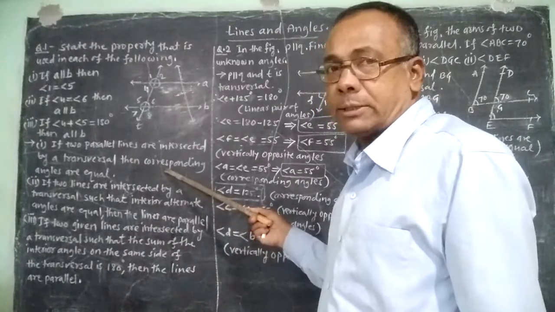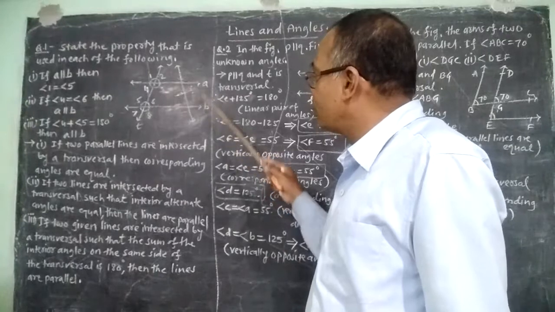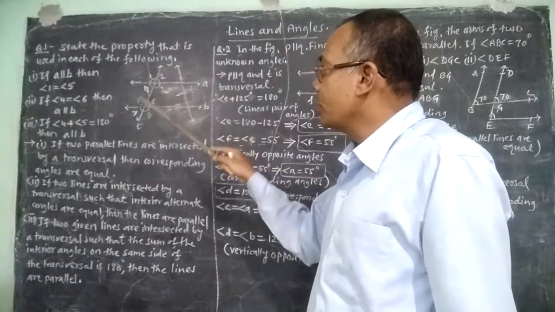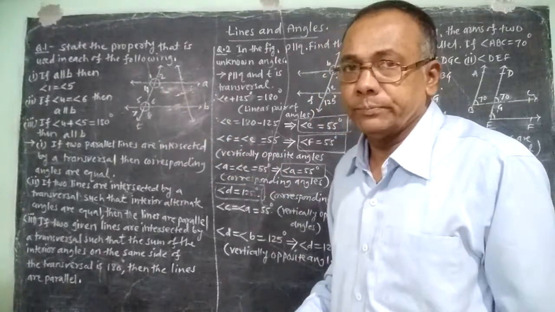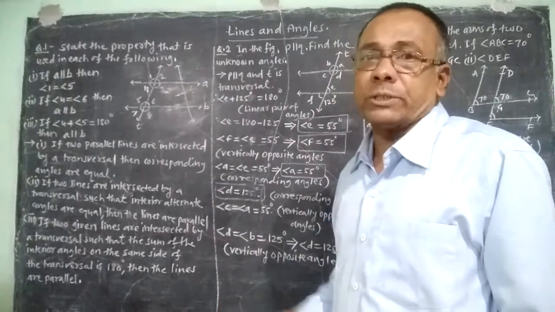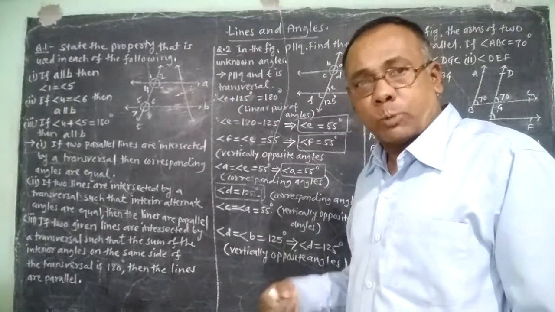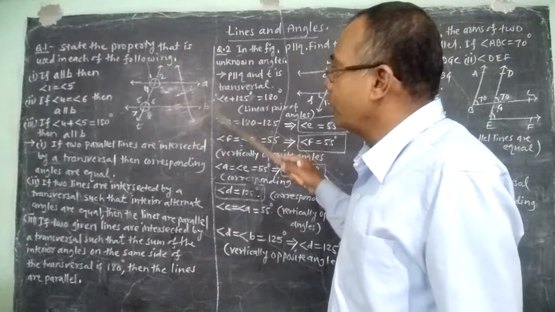Means these two lines are parallel, so corresponding angles are equal. Or vice versa, if the corresponding angles are equal, then the two lines are parallel.